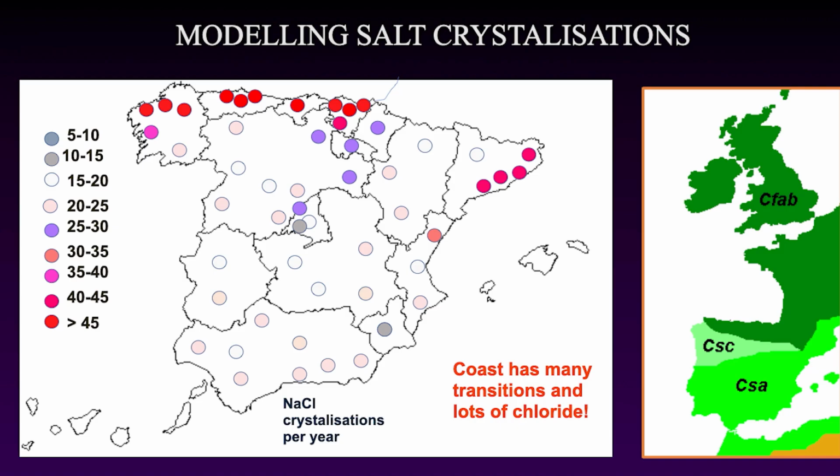So we would expect salt damage to be quite important in this very northern part of Spain. So the Köppen classification here is really quite successful at predicting this particular form of damage, even though Köppen didn't include relative humidity, which is so critical to salt damage.